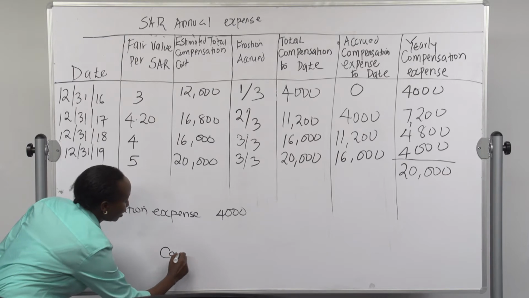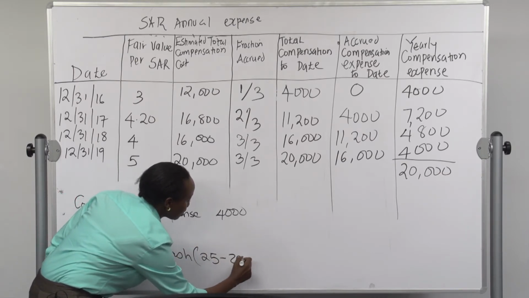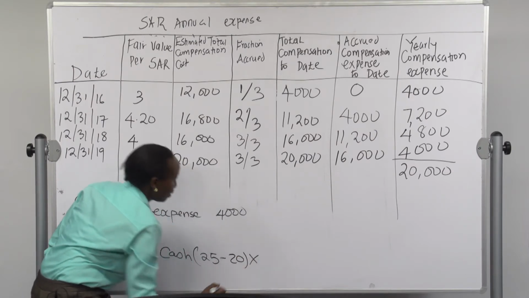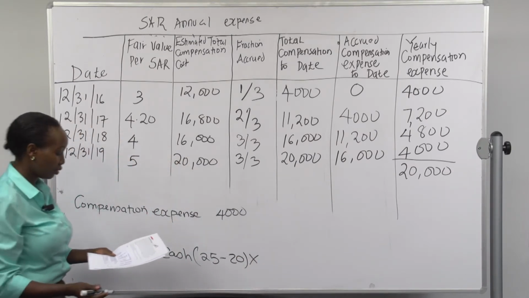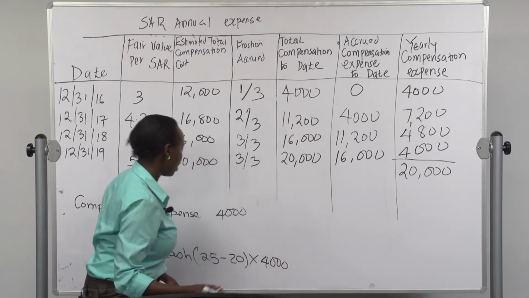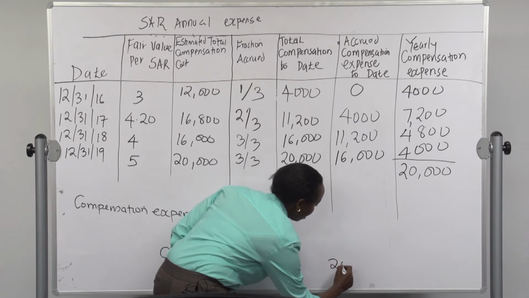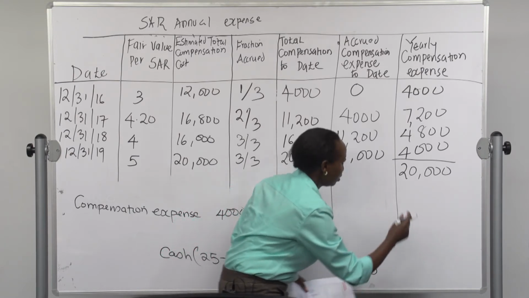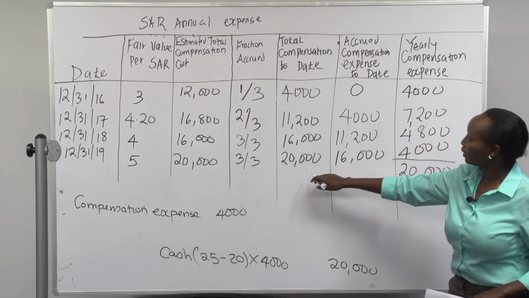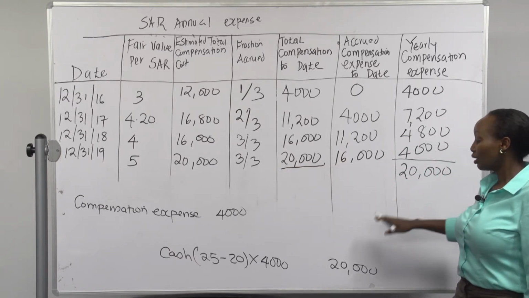So we have cash of 25 minus 20, and we multiply this by the number of options, the 4,000. This gives us 20,000, which is the total for the entire time anyway.